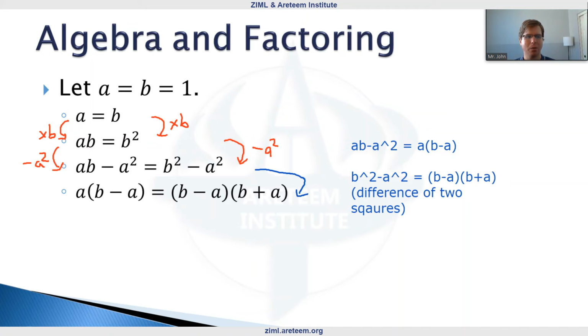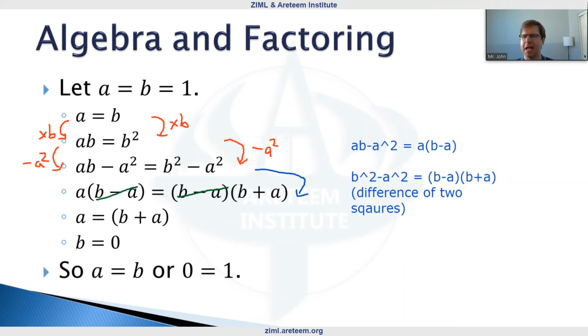And now, wait a second, we have the same thing on both sides, so cancel those out. And what are we left with? a equals b plus a, or subtracting the a from both sides, b equals 0. Well, what were these things? a has to equal b in this case, but b equals 0, so 0 equals 1, right?